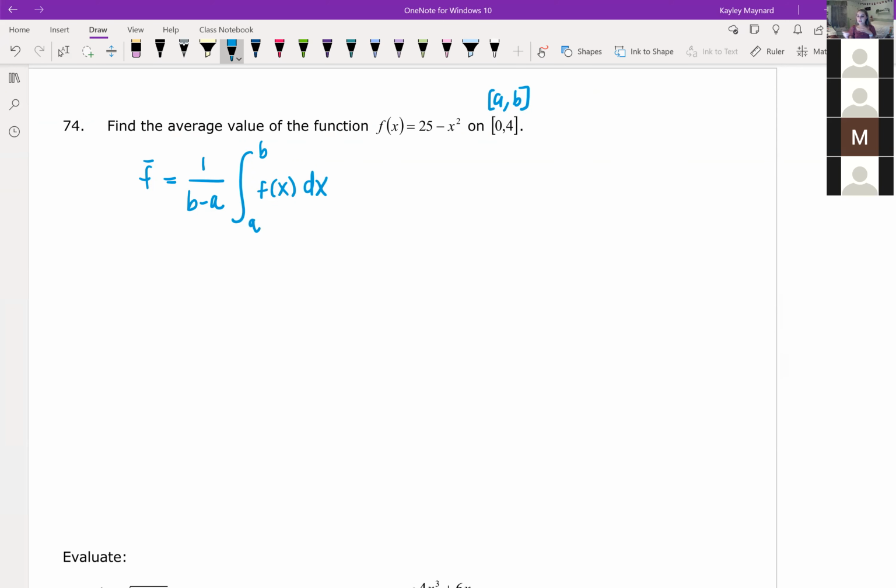That makes sense when you think of the average value, because you integrate it and then you basically divide by the length of the interval. So, okay, let's plug in what we're given here. We have 1 over, and our b is 4 and our a is 0. So 4 minus 0, so this is just 1/4. And then we have the integral from 0 to 4 of 25 minus x squared dx.